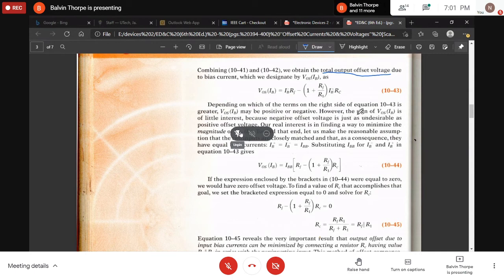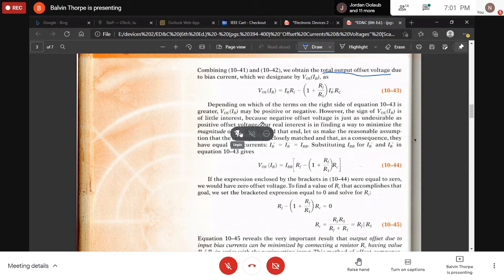However, the sign of VOS is of little interest. It doesn't matter, because remember, whether a voltage is negative depends on where we decide our reference is. What matters is that we still have the offset, because a negative offset voltage is just as undesirable as a positive one.